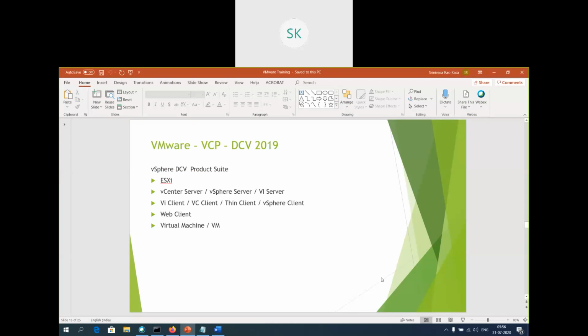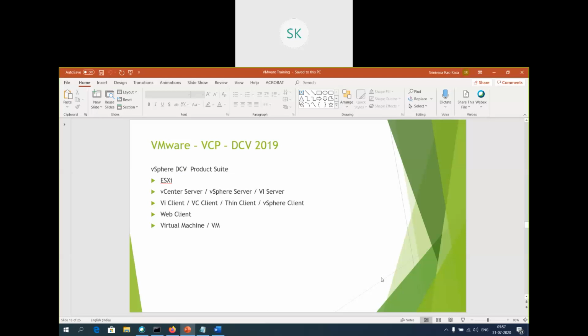Next, we'll talk about what components come into the picture in data center virtualization. We are here in 2019, but we can change it to 2020, or 2007, 2008, whatever the year may be. We are going to talk about VMware data center virtualization. What is VCP? VCP is nothing but VMware Certified Professional.